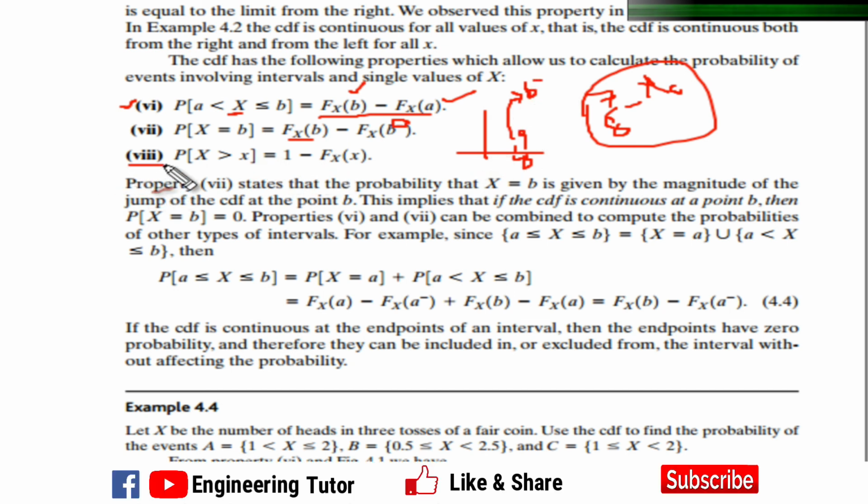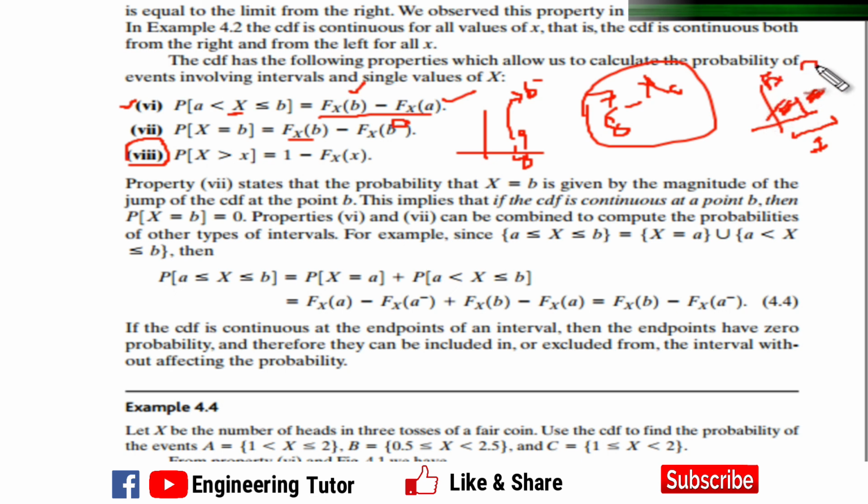This property is again very important. Property number 8, or axiom number 8. If you want to find the probability of the region beyond a certain level, okay, if you have all the values here and you want to find the values here, you know that the total is 1 and the CDF here is F of x.